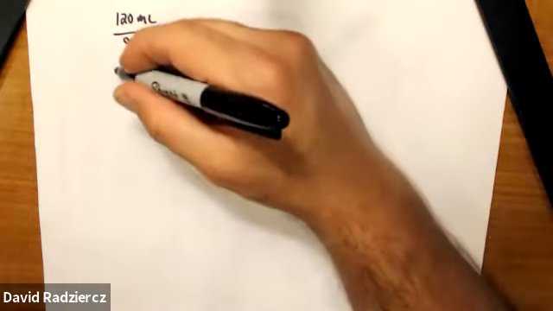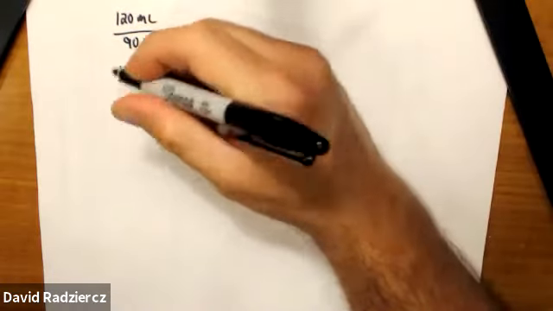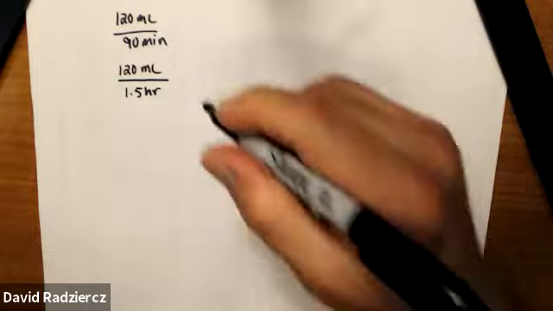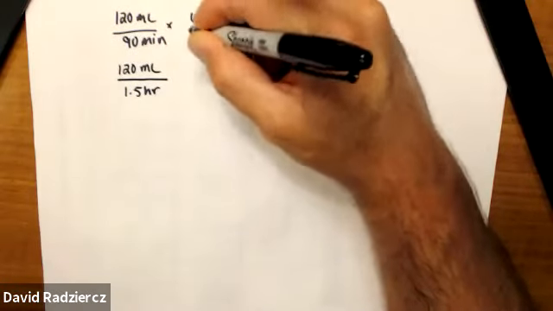You can set this up two different ways. You can say 120 milliliters, and you know that 90 minutes is 1.5 hours, and then just 120 divided by 1.5 will give you your answer. Or you can convert minutes to hours using dimensional analysis. Either way that you set this up, you'll get the same answer.